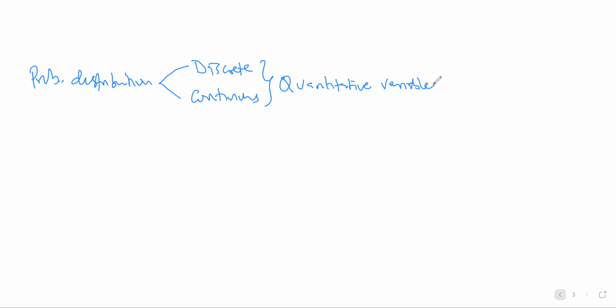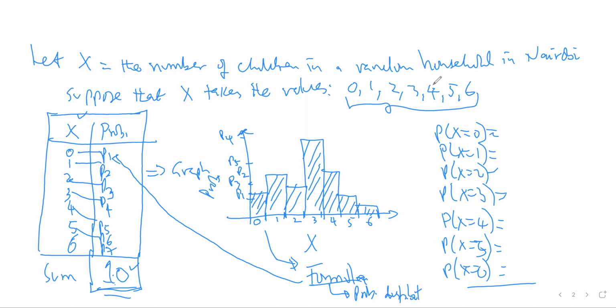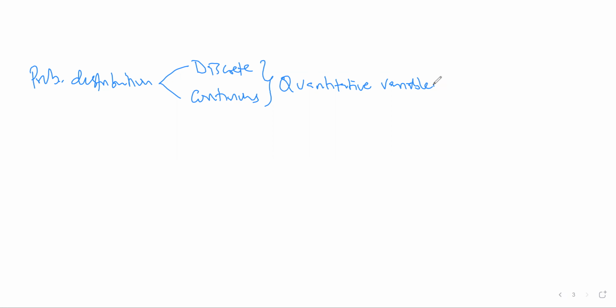So when we talk about probability distributions, we will also be dealing with quantitative variables, things like age, number of children or number of subjects, and so on. So discrete or continuous data.